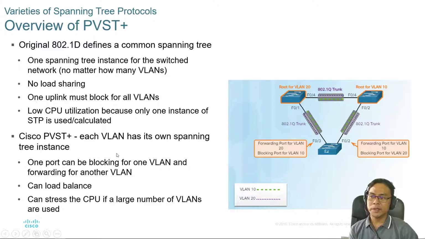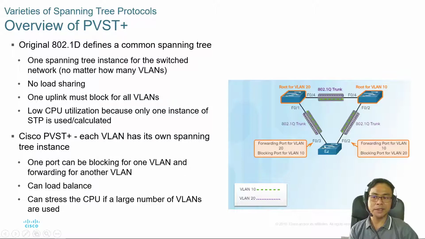So anyway, this is just an overview. So after improving the 802.1D, so Cisco PVST Plus, so for every VLAN, they can have their own instance for STP, spanning tree. So one port can be blocking for one VLAN and forwarding for another VLAN.